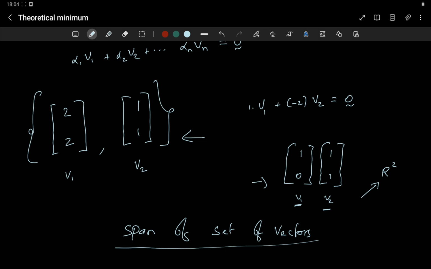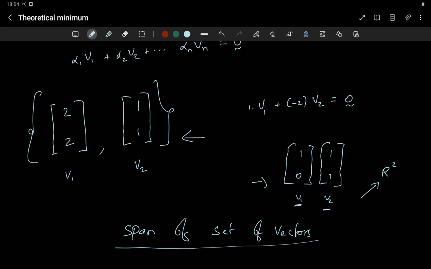No, you cannot. You can only reach certain points. Can you tell what points we can reach? 0 0 we can reach. 0 0 we can always reach for any set if you put 0 as the coefficients. 3 3 we can reach.